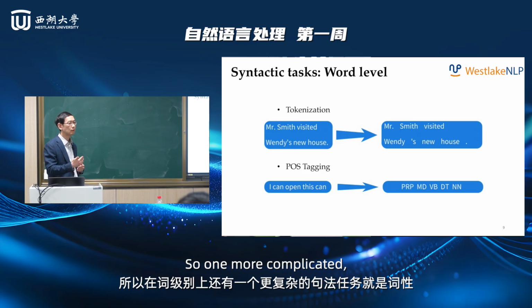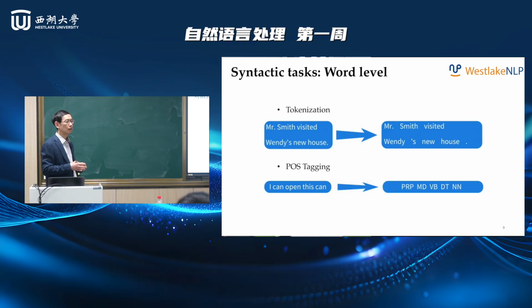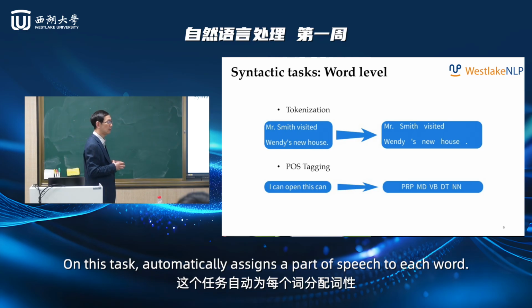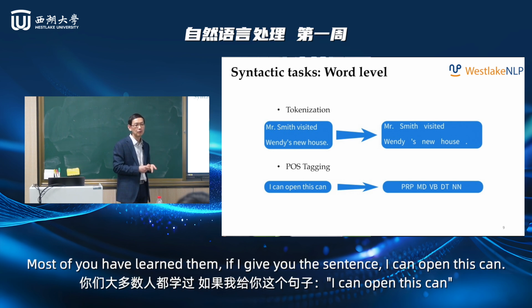So one more complicated syntactic task on the word level is part of speech tagging, or POS tagging. This task automatically assigns a part of speech to each word, where by part of speech I mean the noun, the verb, the adjective. Most of you have learned them, right?